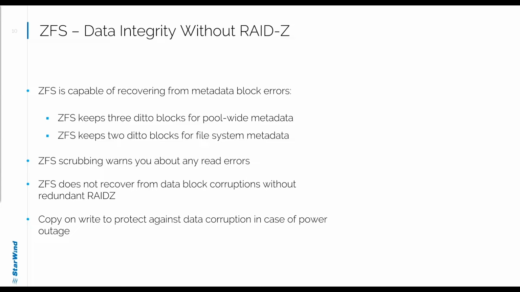While ZFS is performing a scrub on your pool, it is checking every block in the storage pool against its known checksum. Every block from top to bottom is checksummed using the appropriate algorithm. By default, it's Fletcher 4, as we discussed.